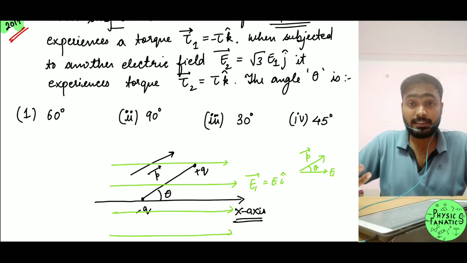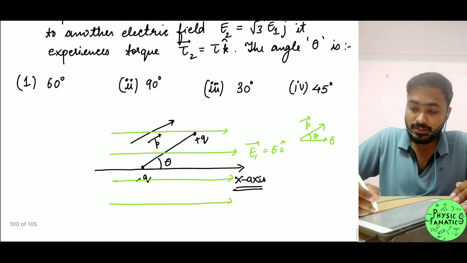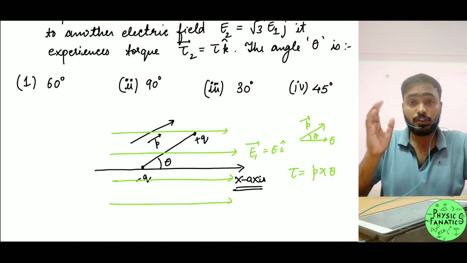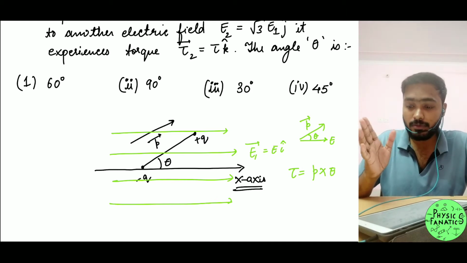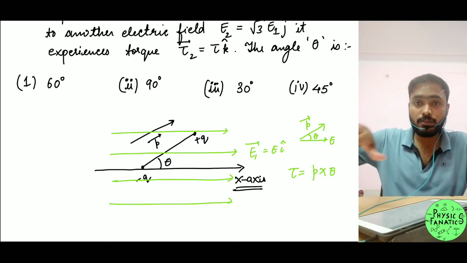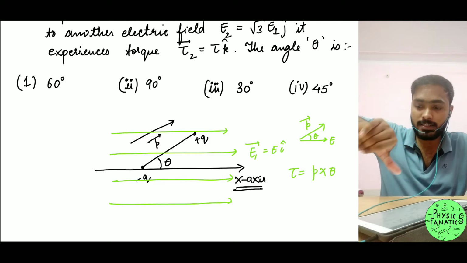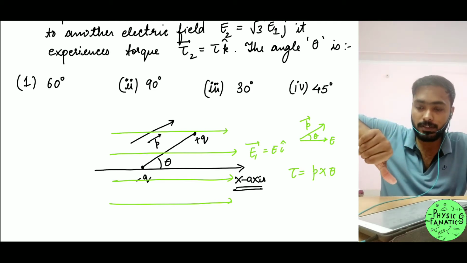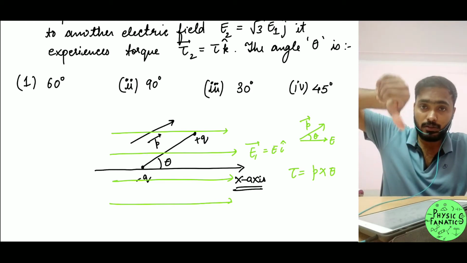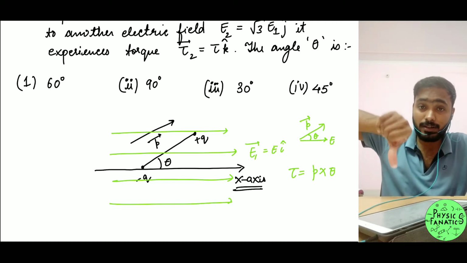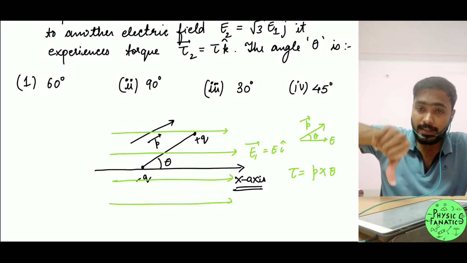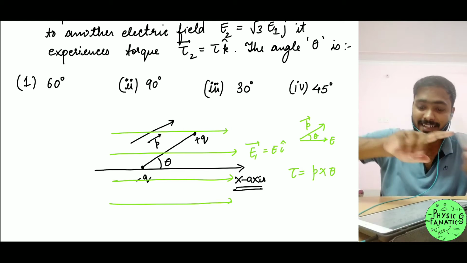So obviously the torque is actually given as P cross E. Obviously I have to use the right hand thumb rule, right? From P to E, so what you guys can see, from P to E, when I move my fingers, you guys can see the direction of torque is inside the board, that is towards minus z axis, right?